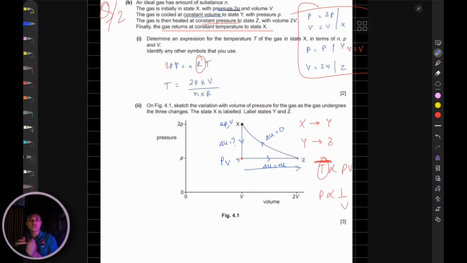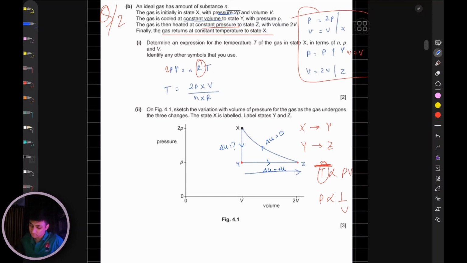From X to Y, you don't know what the change in internal energy is. From Y to Z, you know that is positive del U. From Z to X, you know it's 0 because constant temperature. So what can you deduce from all over here?